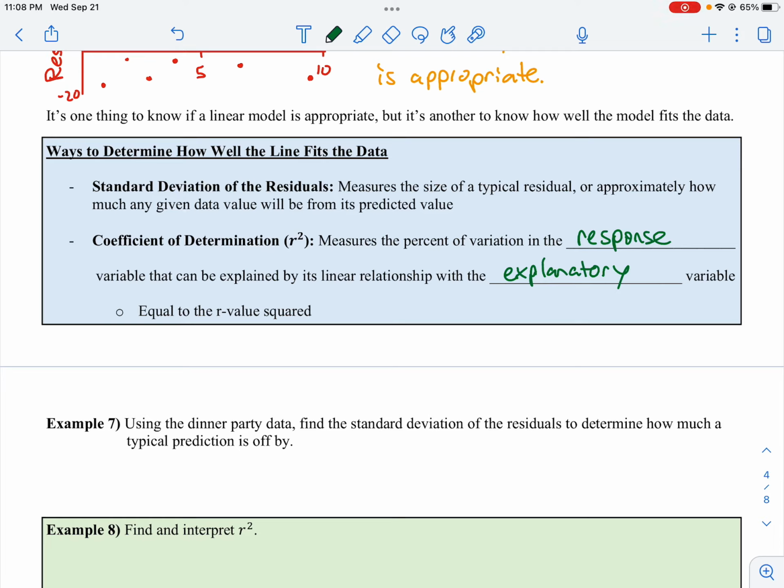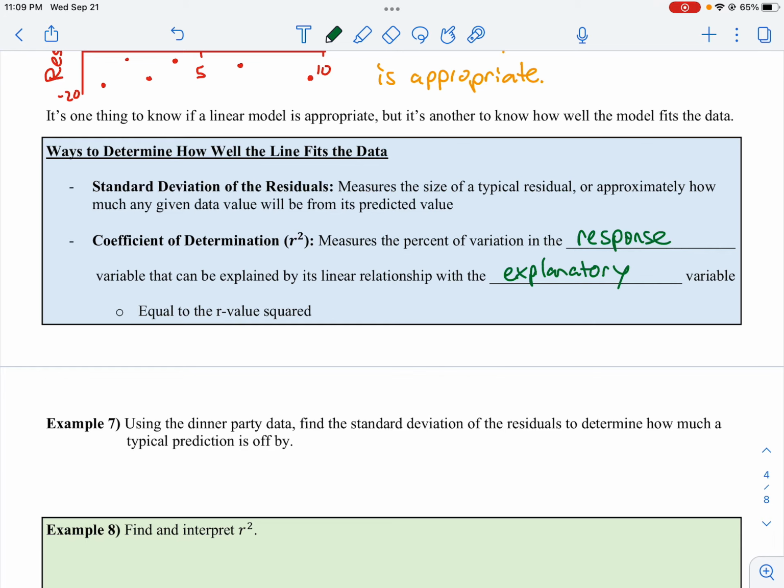Okay. And whenever you see a question that says interpret r squared, we are using the definition. We're going to say blank percent of the variation in whatever our response variable is, with context, can be explained by its linear relationship with blank, whatever the explanatory variable is in context.